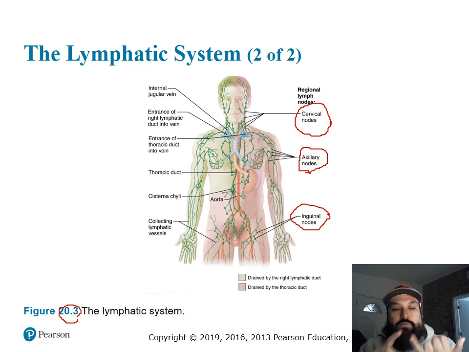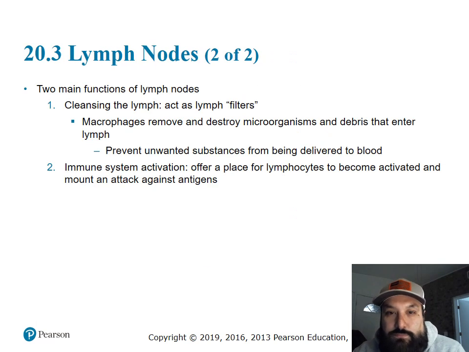So these areas have moisture, the right amount of temperature, and a wonderful amount of nutrients, because of which we can have potential growth of bad things like bacteria or viruses entering into these areas. Because of that, what we call a portal of entry, a place where foreign things like bacteria get in, we've got a bunch of these nodes located in these areas to act as an extra barrier. So that's really what the answer is.